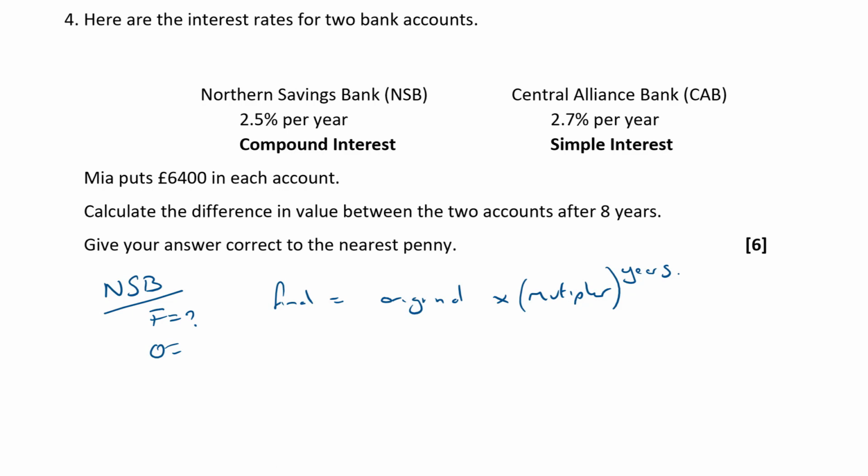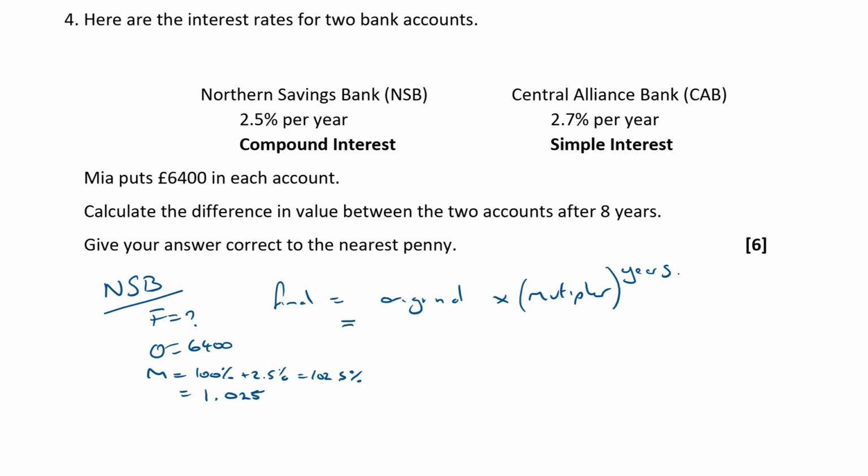Original, what's the original? It is what she put in the bank account, which is 6,400. And the multiplier is going to be 100% plus 2.5%, which comes to 102.5%, which as a multiplier is going to be 1.025, then, isn't it? So that's the multiplier we're going to use here.